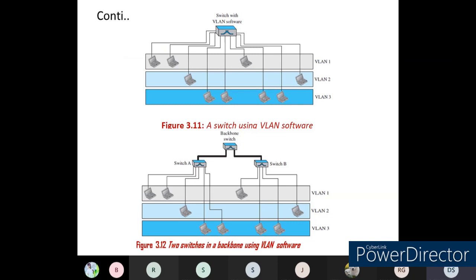In the second block diagram we are seeing that there are switches, switch A and switch B, connected with a backbone of the network. In switch A there are 5 systems connected. In switch B there are 4 different computer systems connected. So combining switch A and switch B with different computers through the backbone of the network, using virtual local area network, using multiple switches also, we can connect any number of computer systems.